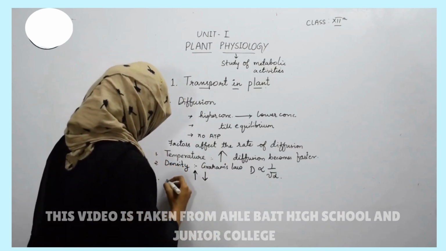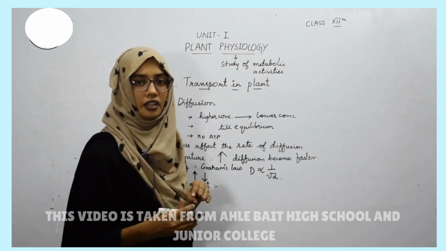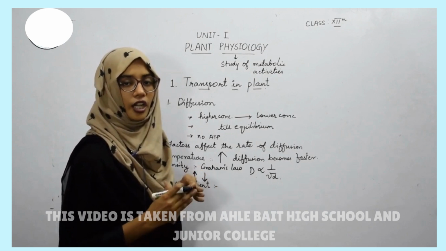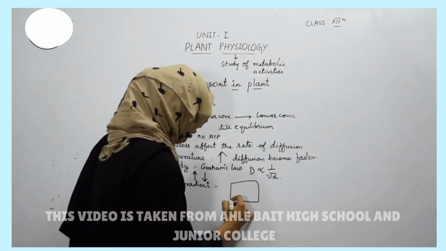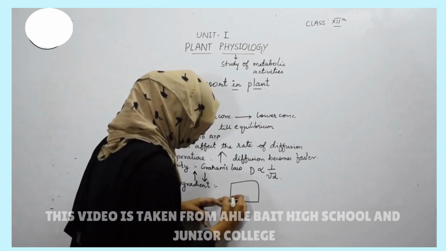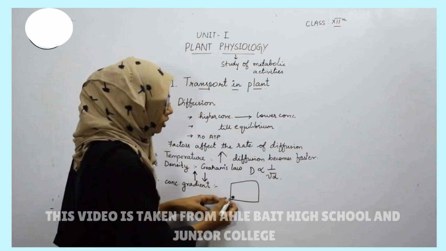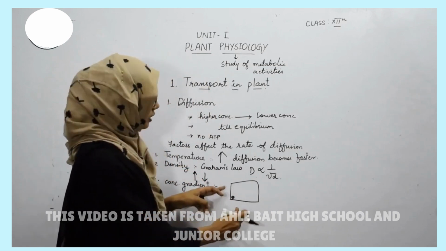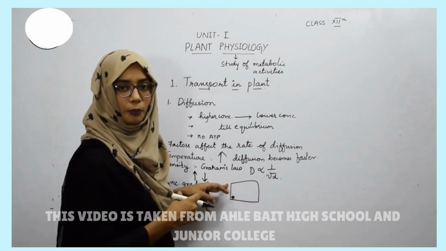The third factor is concentration gradient. If the concentration gradient increases, the rate of diffusion becomes faster. Let's see one example. If we take a tank filled with water and pour some crystals of potassium permanganate in one corner, the other corners of the tank do not possess those particles.